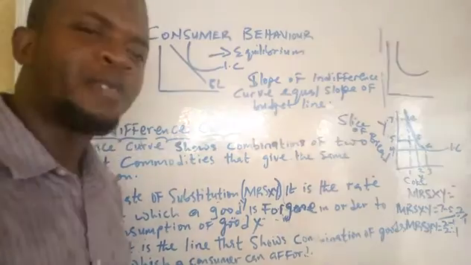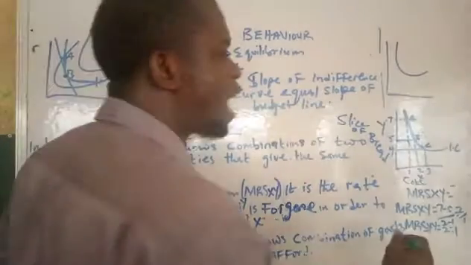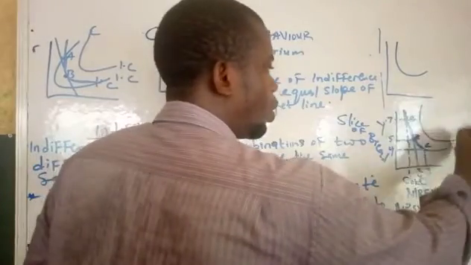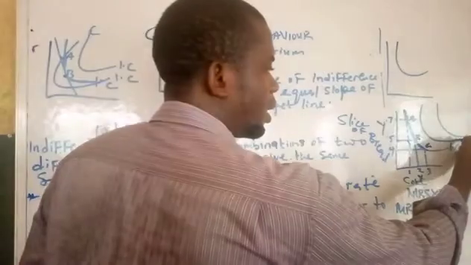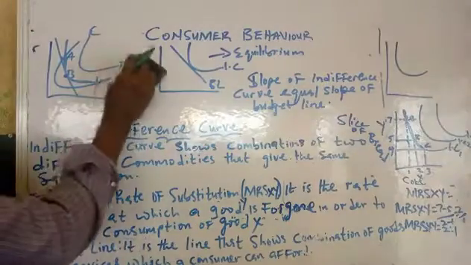Now, we can also have an indifference map. An indifference map is when you have many indifference curves on a graph. This can be indifference curve 1, indifference curve 2, indifference curve 3. Let me draw it here so that you can see it.